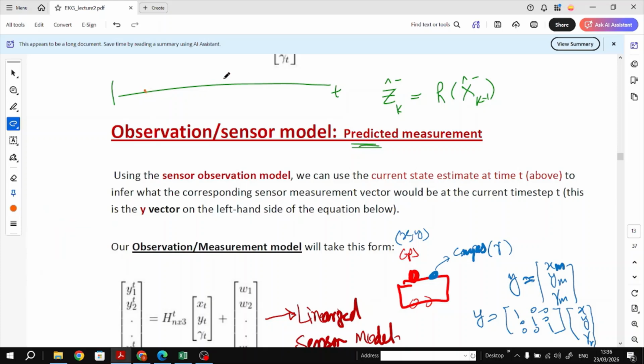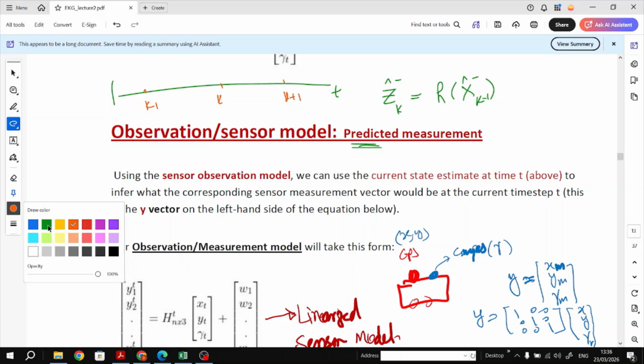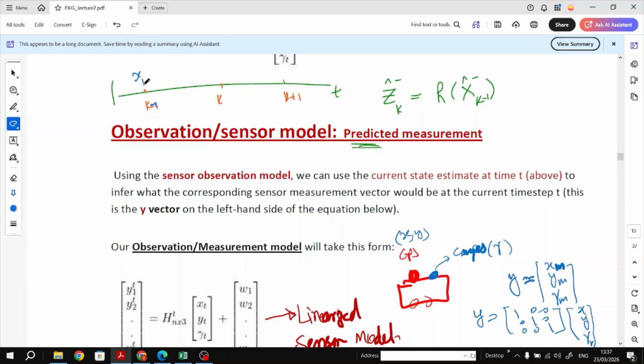Your time k like this, let's say k minus 1, k plus 1. Then let's say you start from here at time k minus 1. You have your state available.